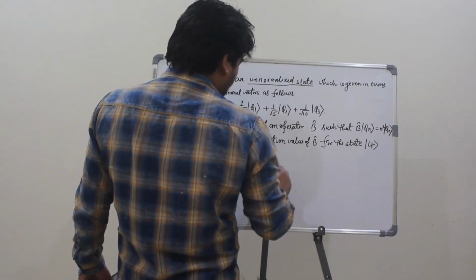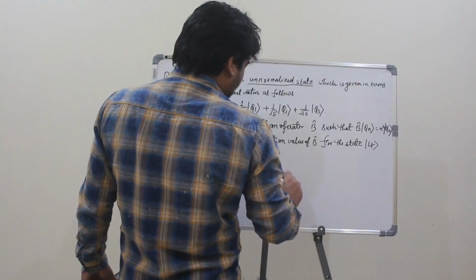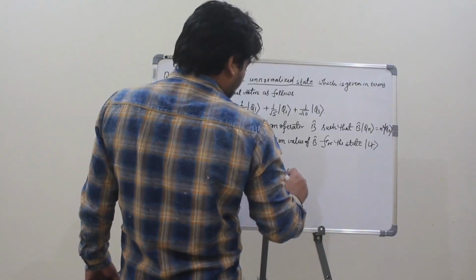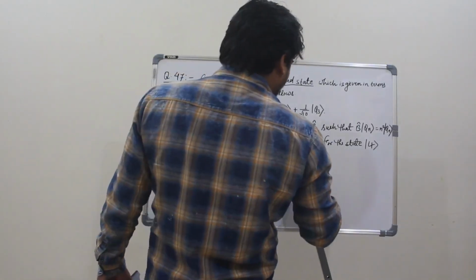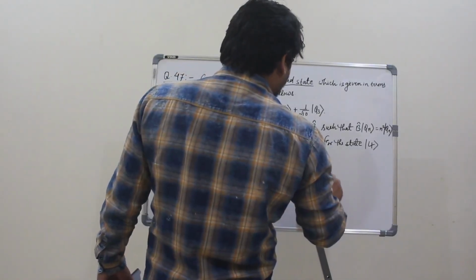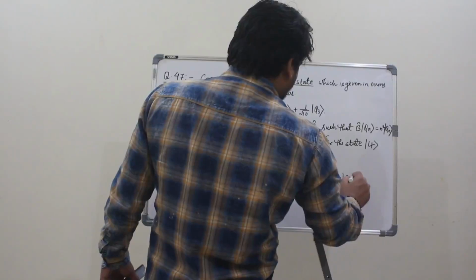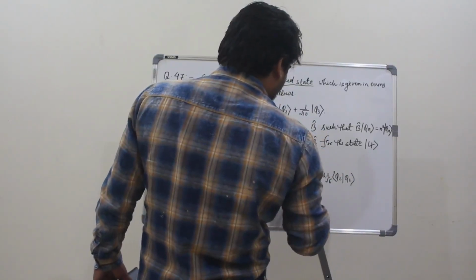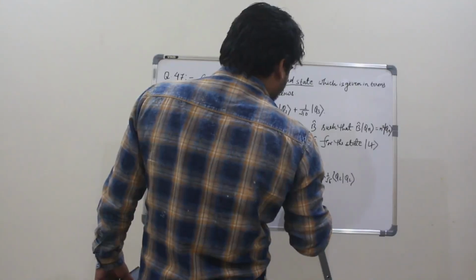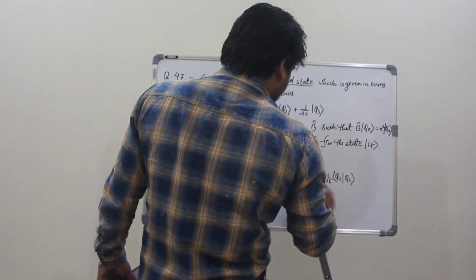It is 1 upon root 2 multiplied by 1 upon root 2 times <phi 1|phi 1>, and then 1 by root 5 multiplied by 1 by root 5 <phi 2|phi 2>, then plus 1 by root 10 multiplied by 1 by root 10 <phi 3|phi 3>, right?